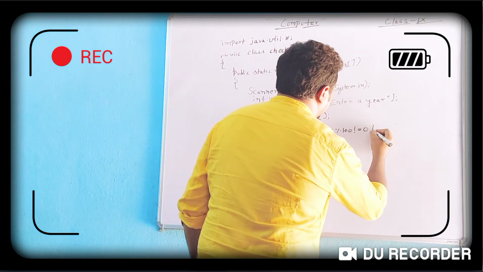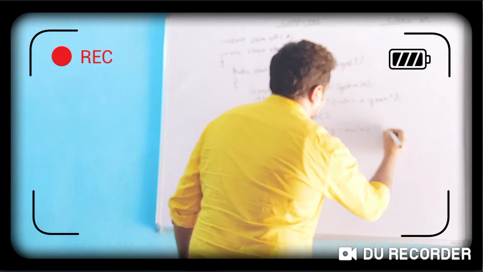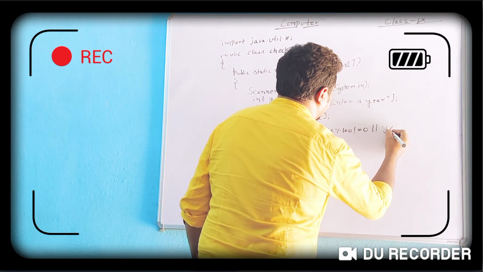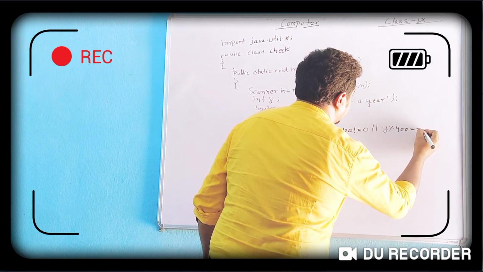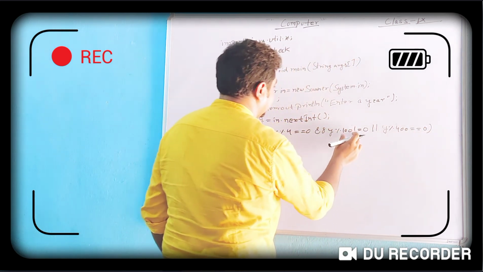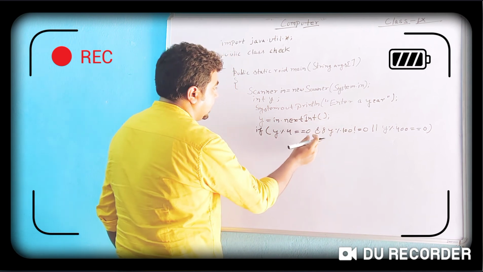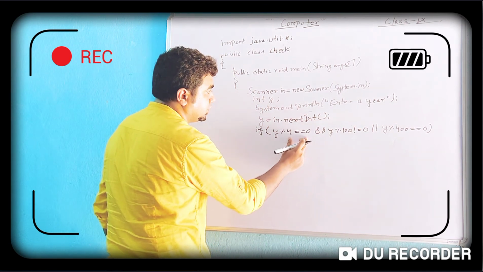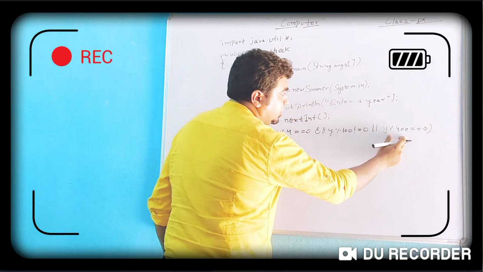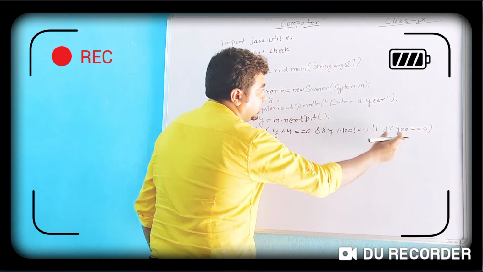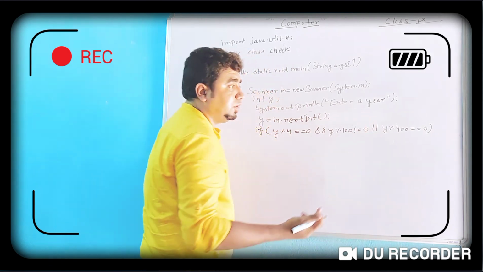And the other important condition is that y % 400 should be == 0. I have put an AND condition here: if this is true, then this should also be true. Otherwise, OR means if this is not true but this is true, then the entire thing will be true.